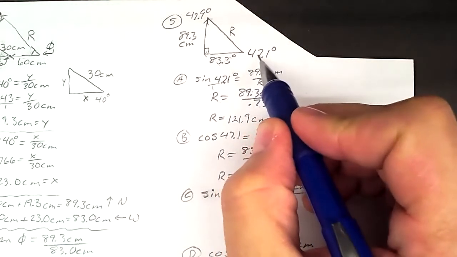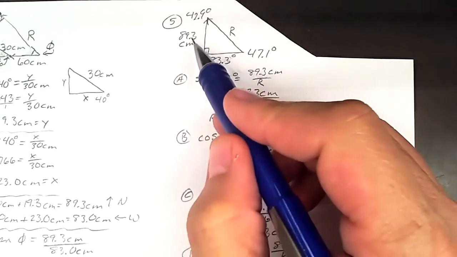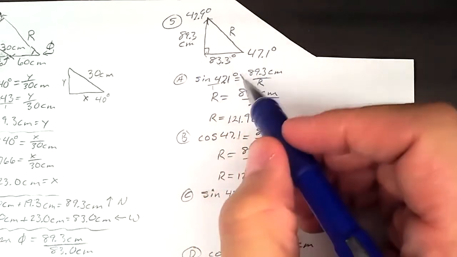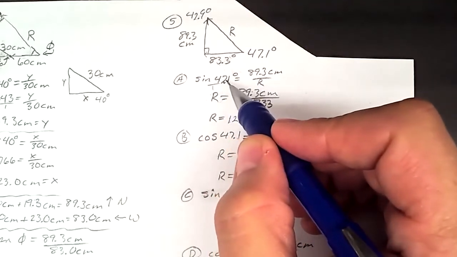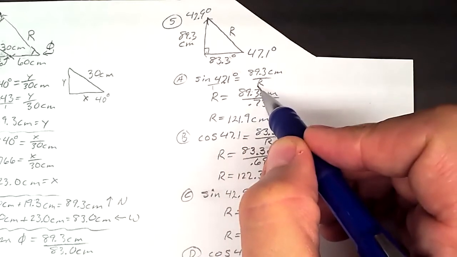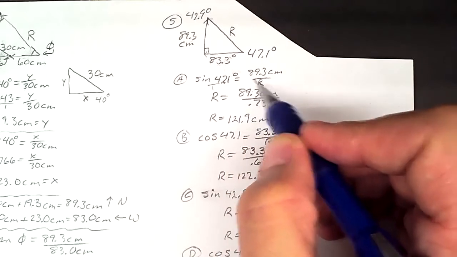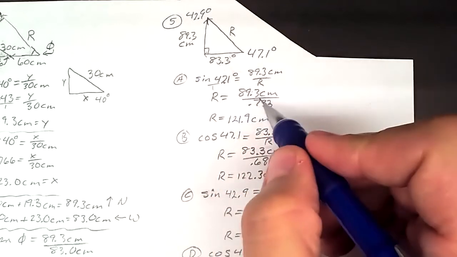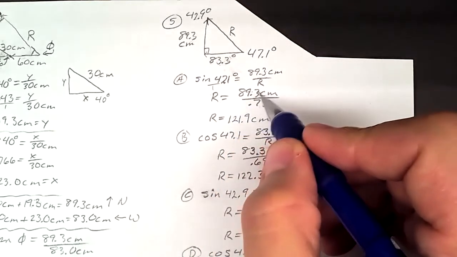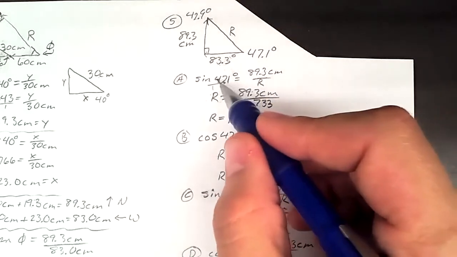I could take sine of 47.1, which is opposite over R. Now, take this value in your calculator, but remember that it trades spots with R. Everything moves diagonally, so this trades spots with that. These switch places when we solve for R, and we get 89.3 over the value we got for this.